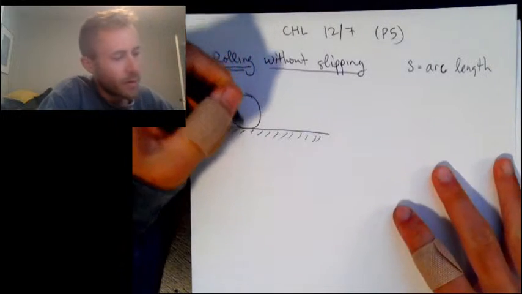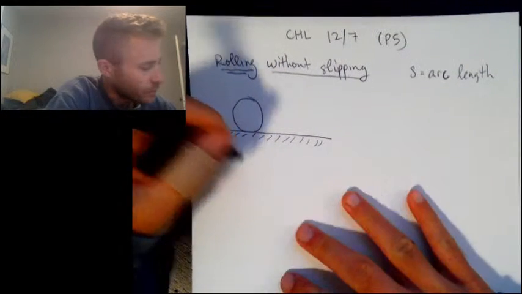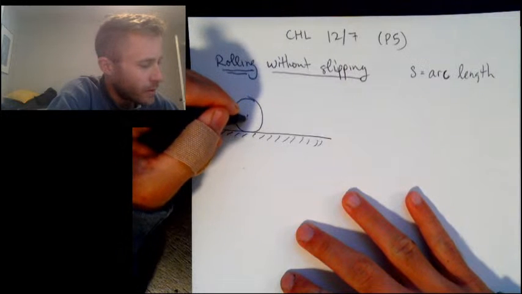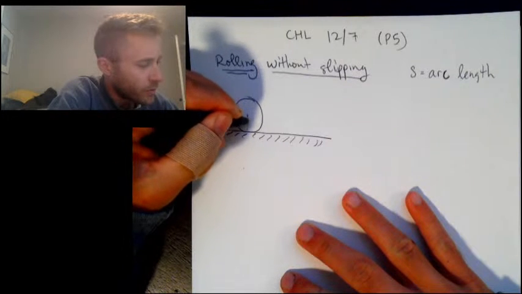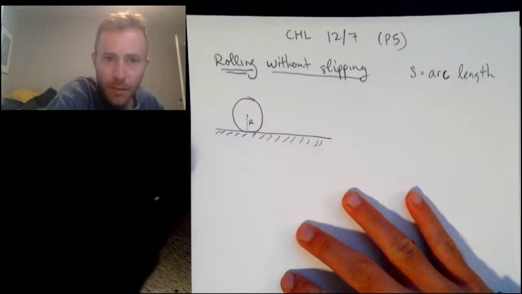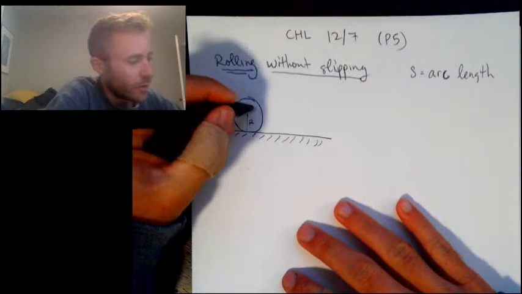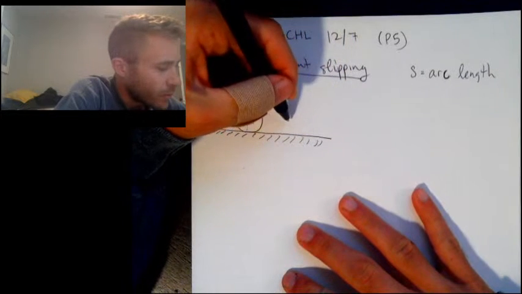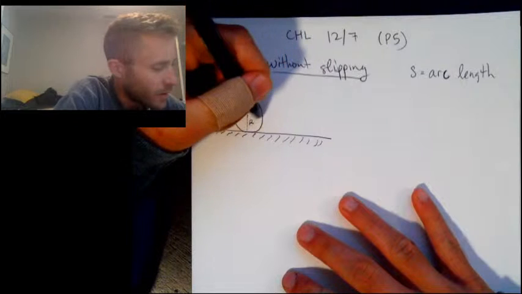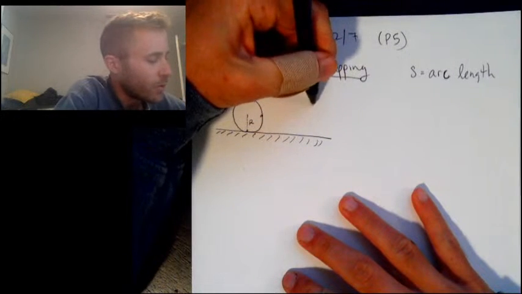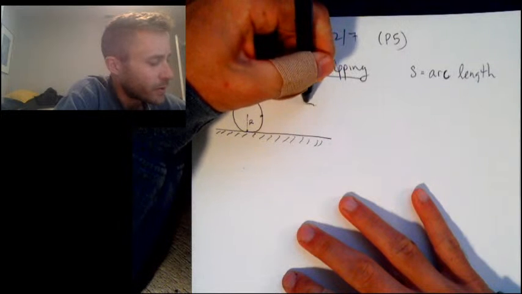Here's the center of the circle, and the circle has a radius r. And let's suppose that the circle rolls without slipping. So maybe it rolls like this.